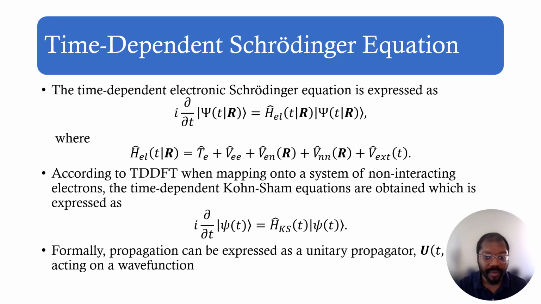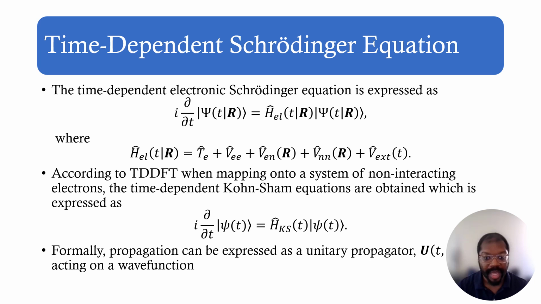To give some background, we are going to be looking at the time-dependent electronic Schrodinger equation, and this equation really is the basis for a lot of the research that my lab group does. We are basically taking a Hamiltonian and applying it to a wave function to get future states of that wave function.